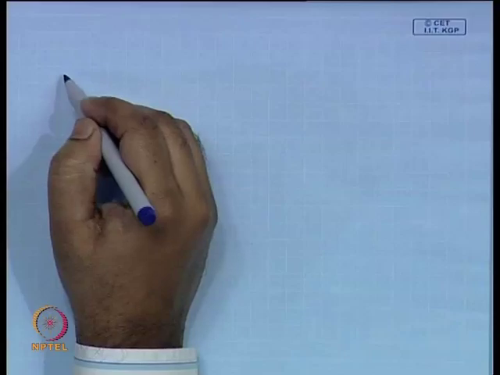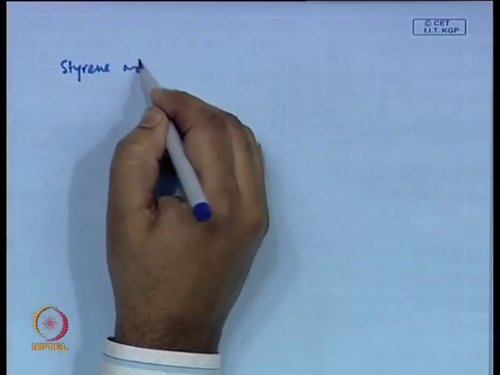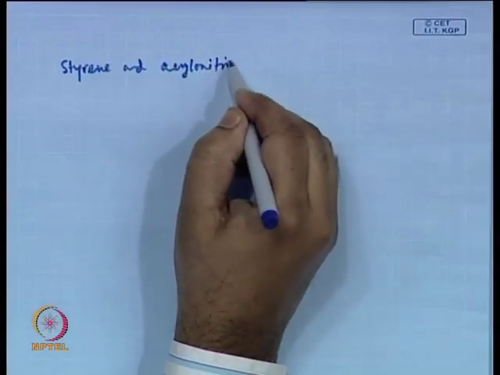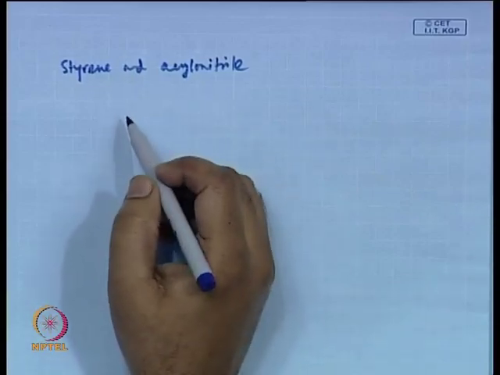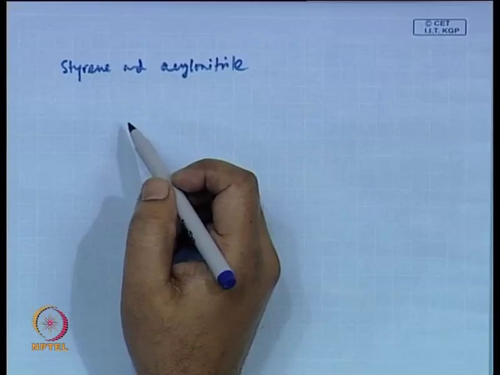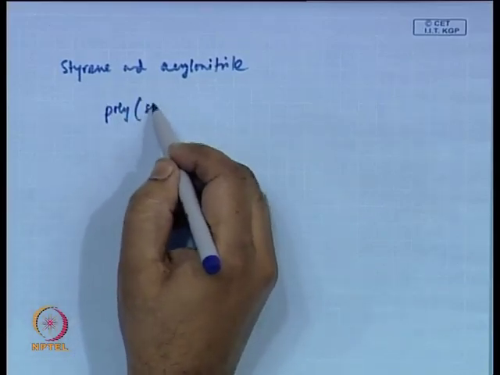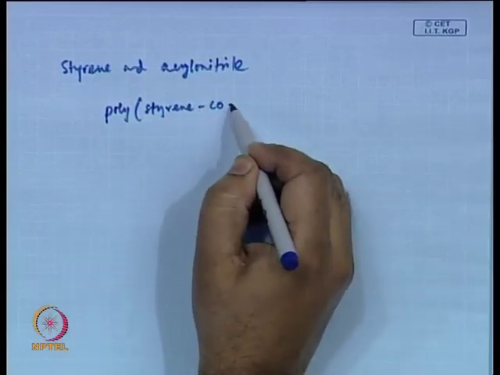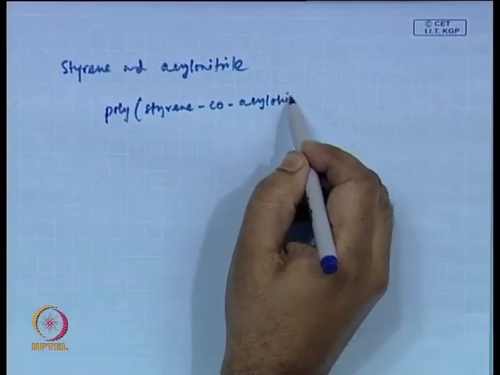If we make, say, a copolymer with styrene and acrylonitrile, and we do not want to specify the microstructure, whether it is a statistical copolymer, an alternate copolymer or a block copolymer, then we can simply write polystyrene and write co in between, acrylonitrile.